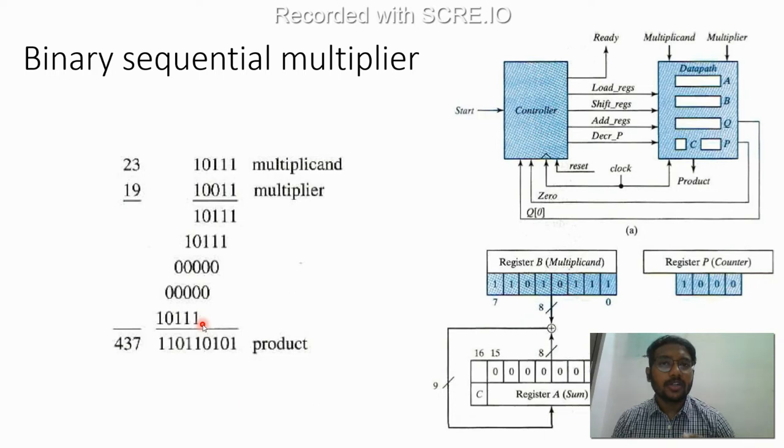In order to minimize that, we can use Verilog or RTL coding, where all these steps, the shifting and the addition of the partial products, can be controlled by a controller, which controls how to shift and what to shift.